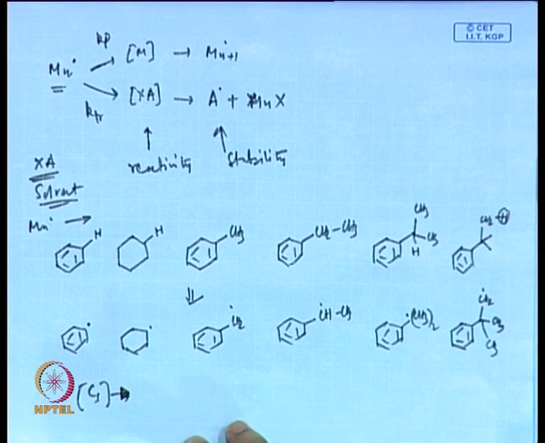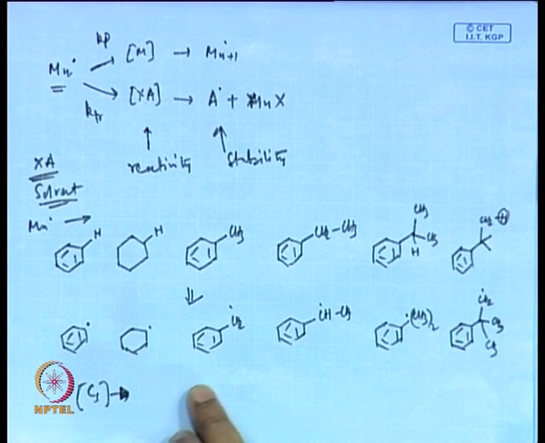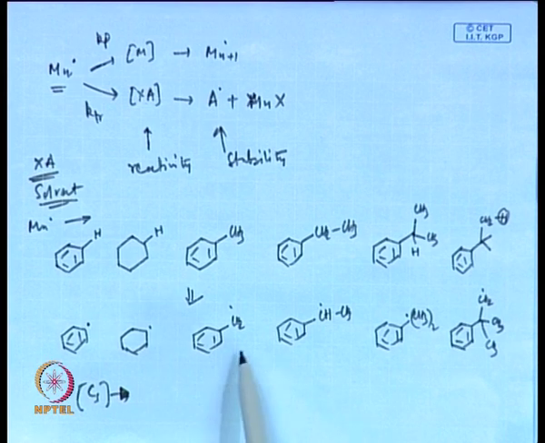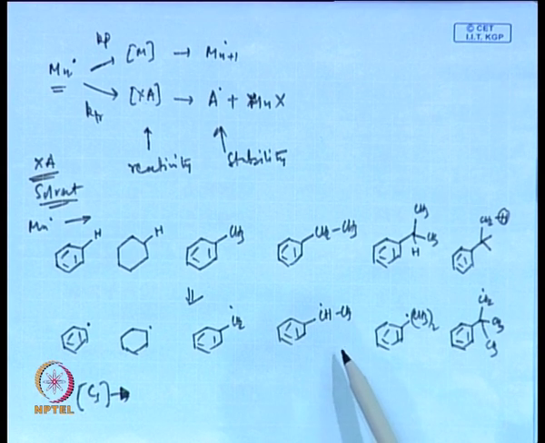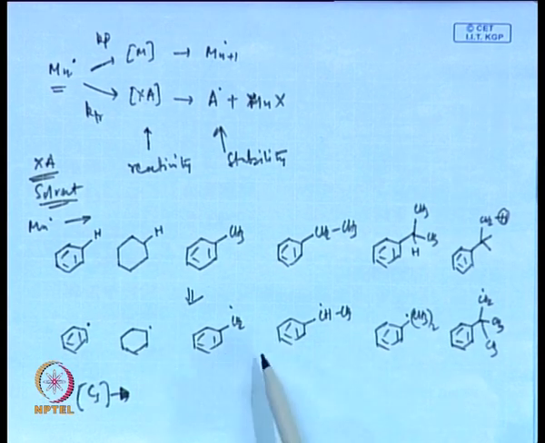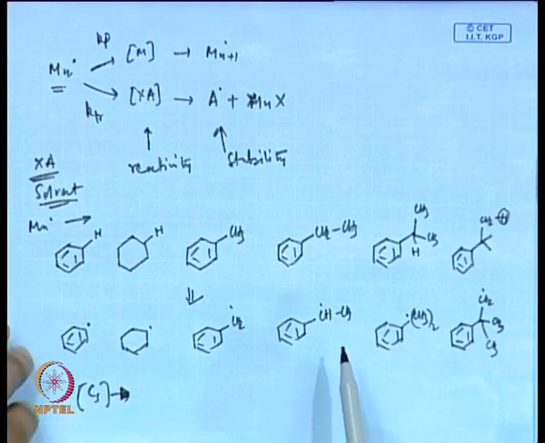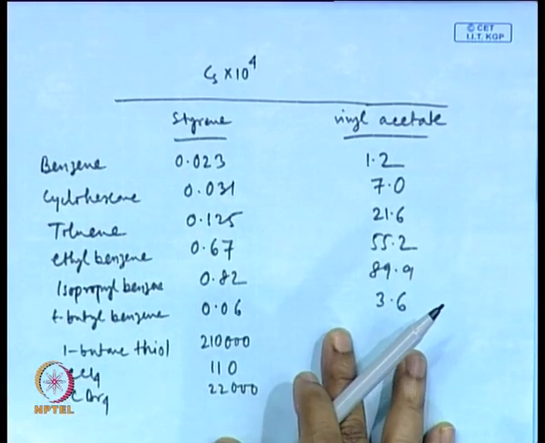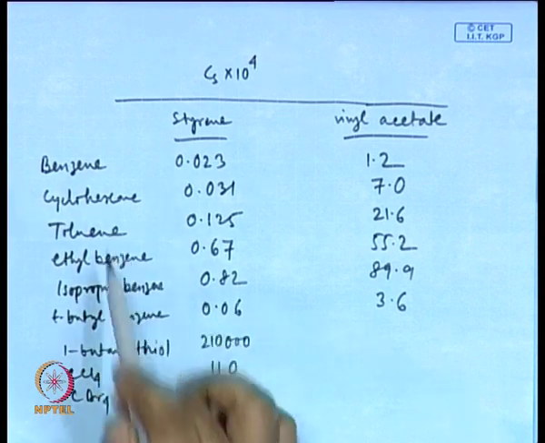Now, we had discussed these molecules and their reactivity. As we are discussing, the most stable radical will have a tendency to react or undergo transfer reaction compared to the less stable one. Now, let us look at the values of these solvents.